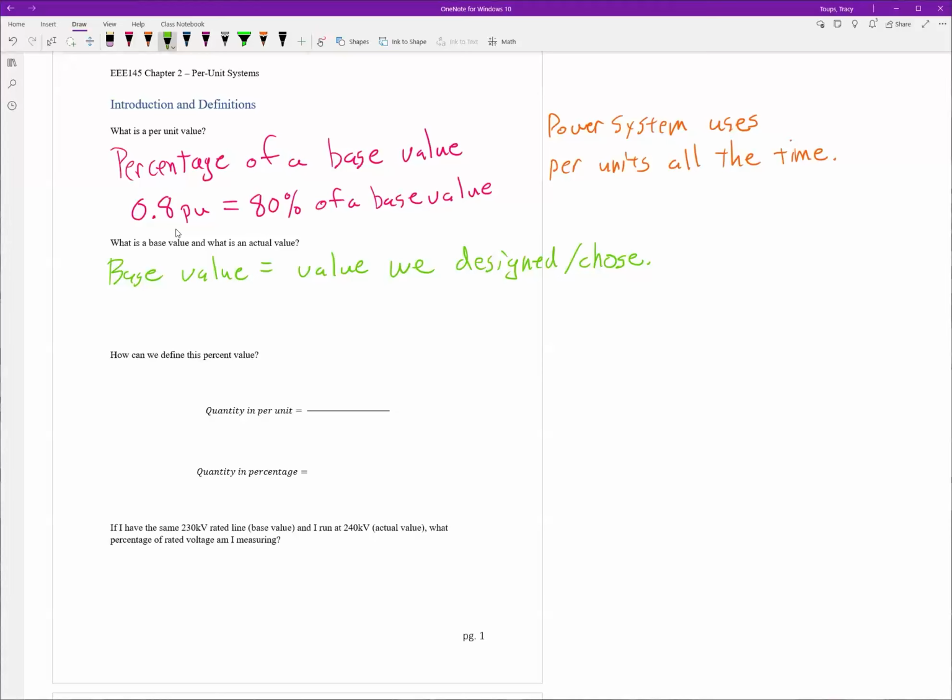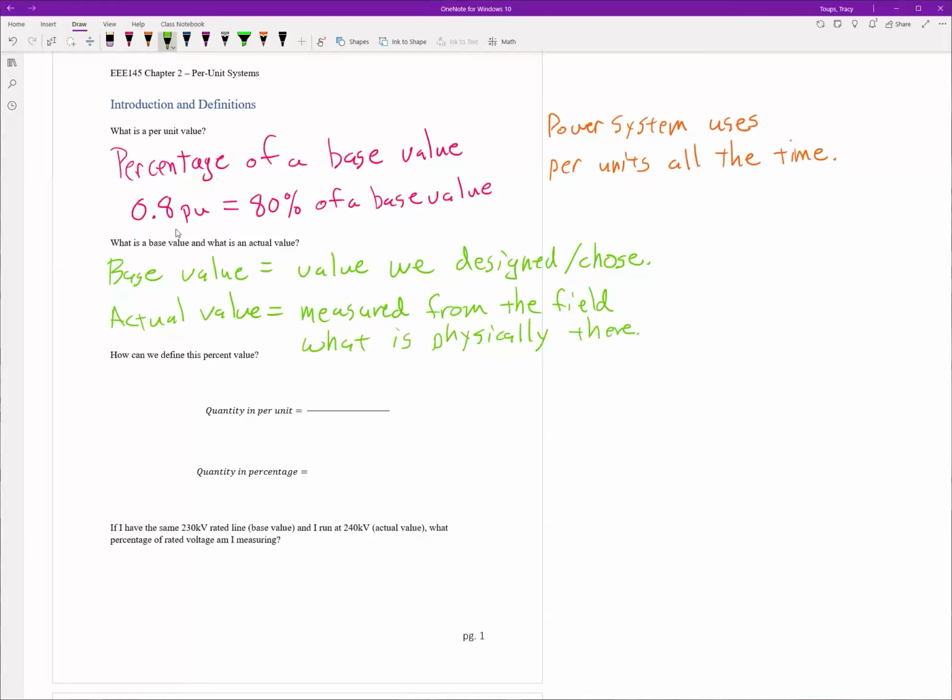Okay. Now, an actual value is a measured value, measured from the field. Okay. This is what is physically there.